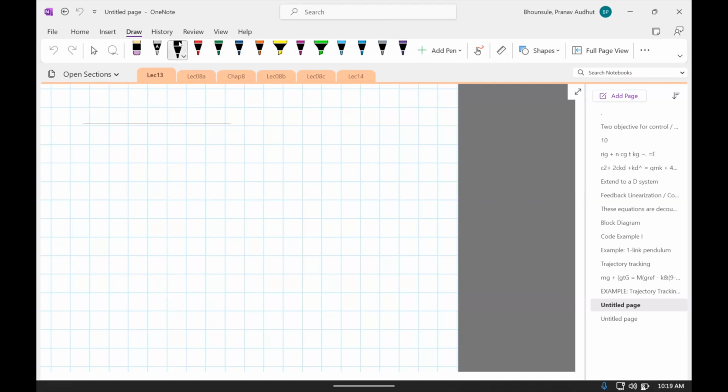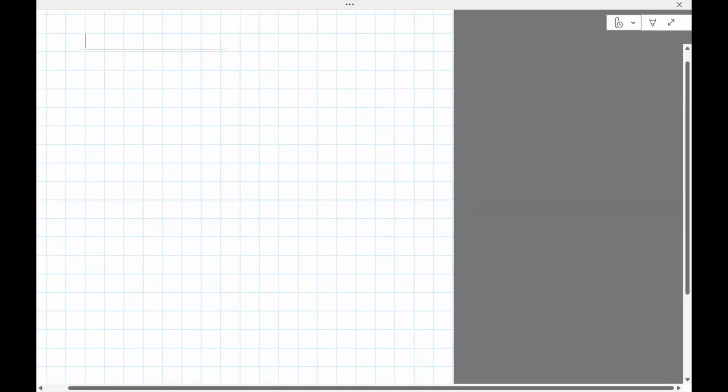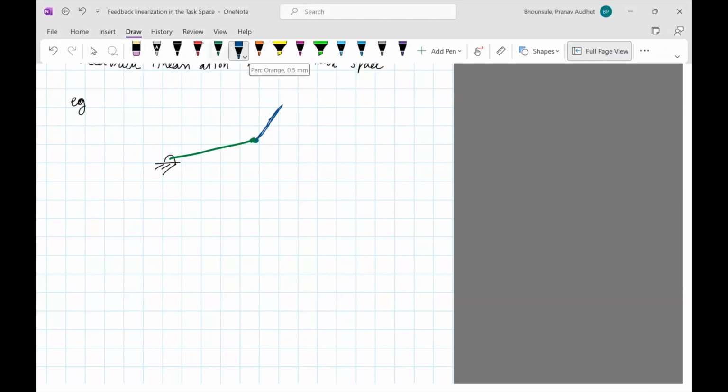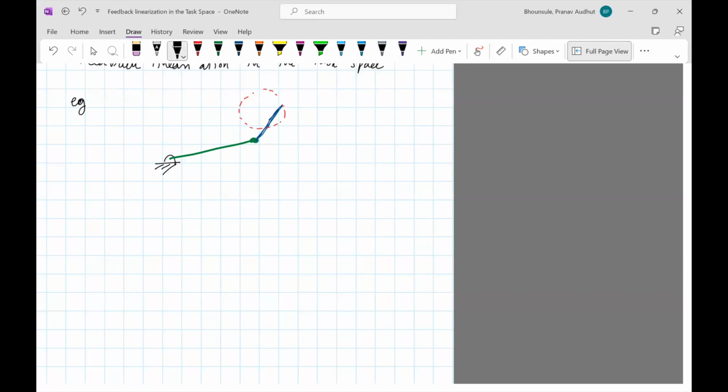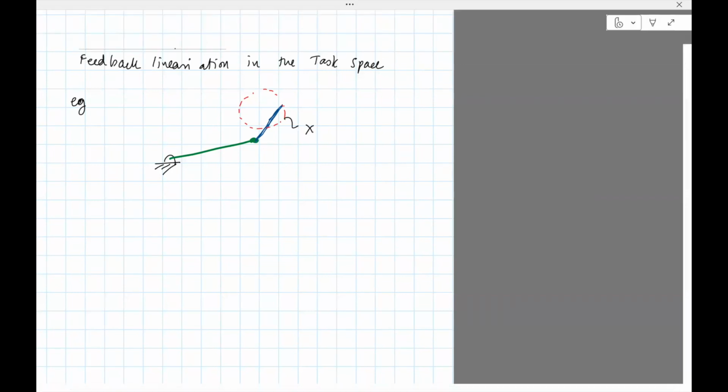So that particular trajectory was drawn in the task space. So this will be feedback linearization in the task space. Here's a manipulator, and you wanted to draw, let's say, a circle. For this particular trajectory, what you're given is x ref, y ref, right?